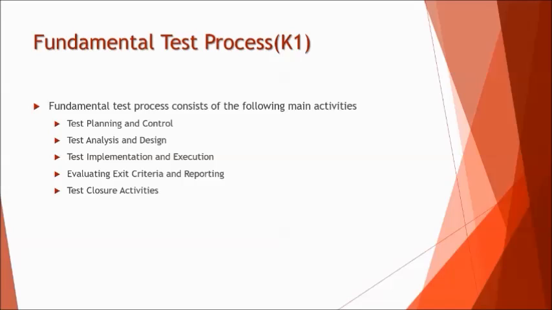Similarly it goes with test analysis and design, where the ongoing activities keep happening, and also to a certain extent test implementation and execution, where the similar thing happens, like how you prioritize the test cases. Parallelly you start with execution, and meanwhile again you deal with prioritizing some other test cases.